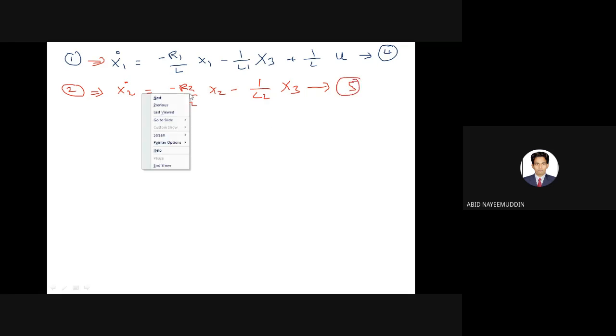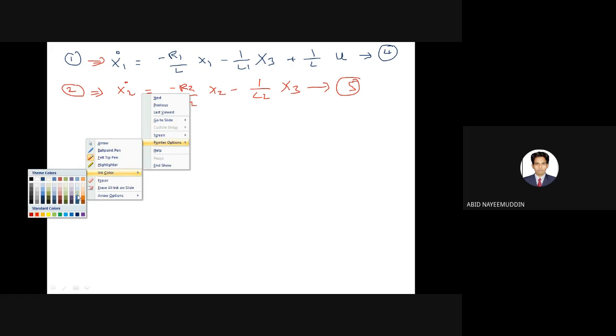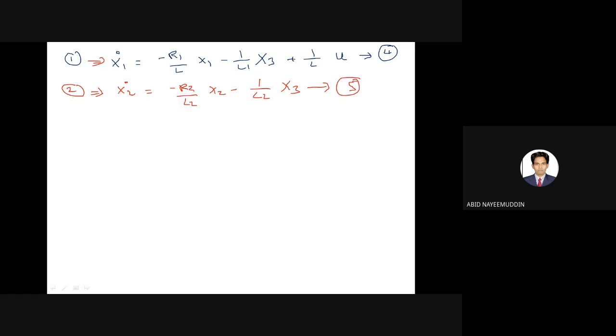Now in the same way, what about the third equation? Your third equation implies x3 dot will be equal to, directly C, 1 by C into x1 minus 1 by C into x2, equation 6.